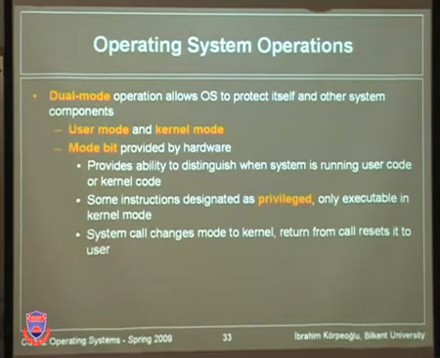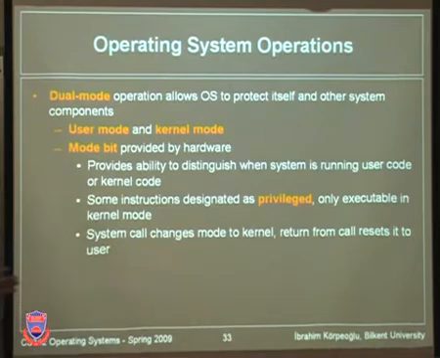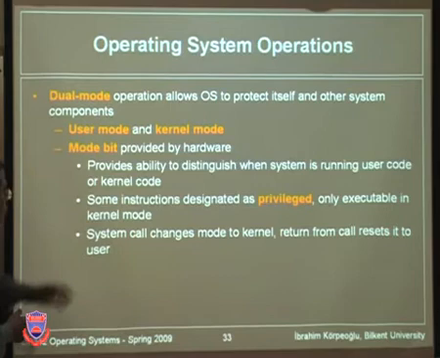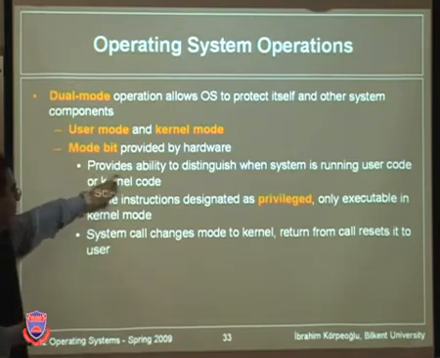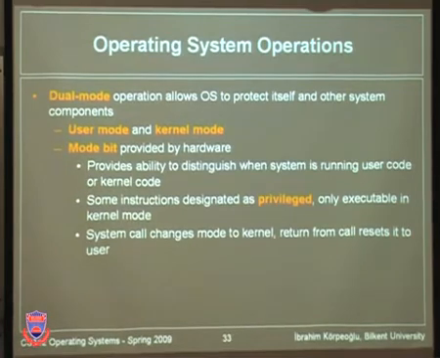It's one bit in one of the registers in the CPU, okay? The mode bit can be 0 or 1. If it is 0, for example, it may mean that the hardware is now running in kernel mode. If it is 1, it may mean that it is running in user mode. So the mode bit provides the ability to distinguish when the system is running user code and kernel code.